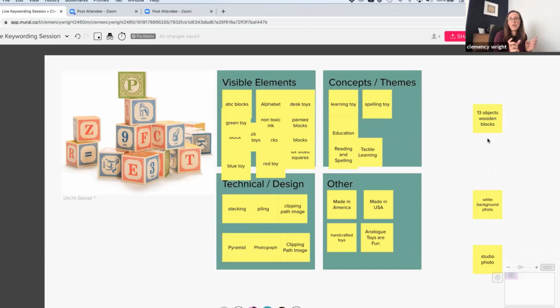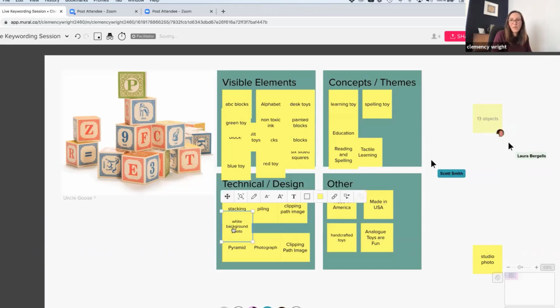I just recommend splitting up the compound term into the two separate terms. So I would have 13 objects as one keyword and then wooden blocks as a different keyword. And this is all about writing the keywords in a way that a search engine can understand or parse them as accurately as possible.